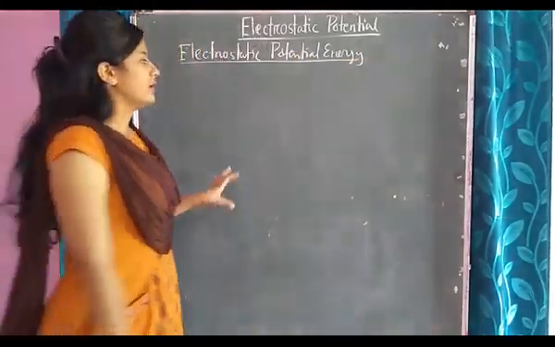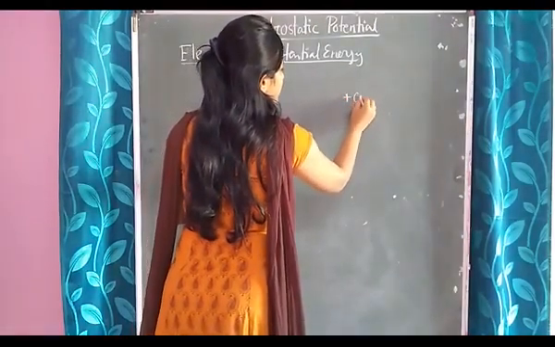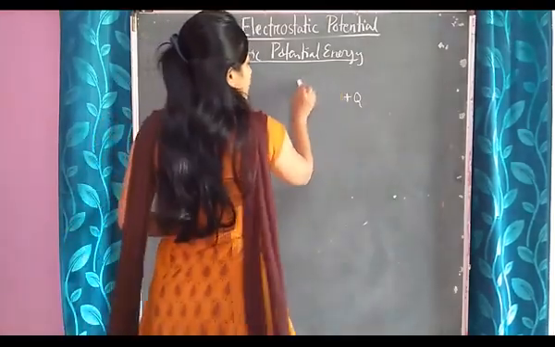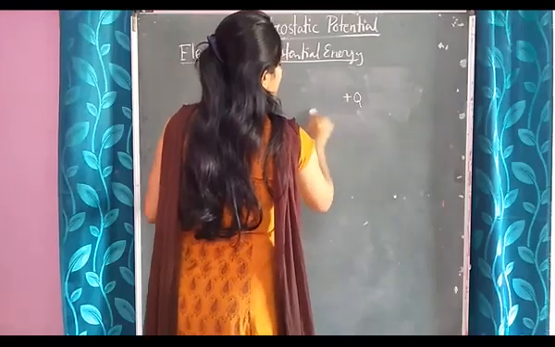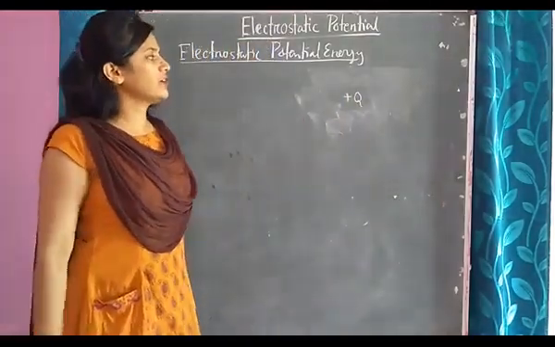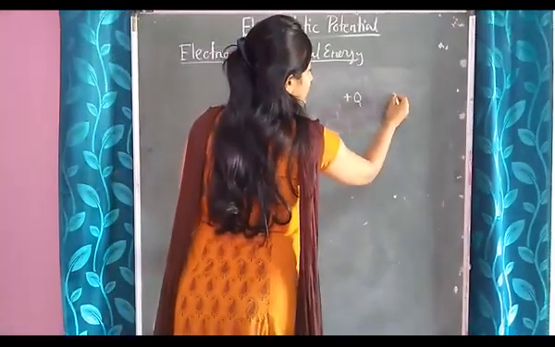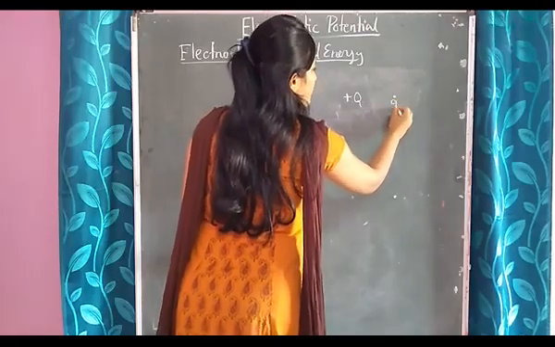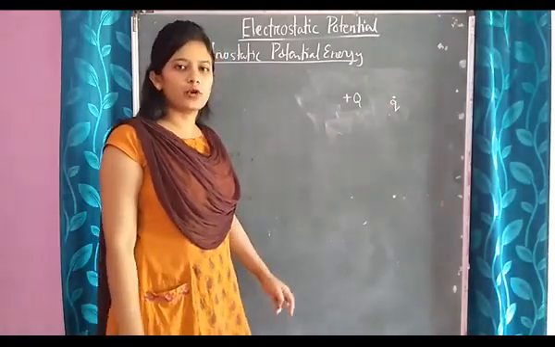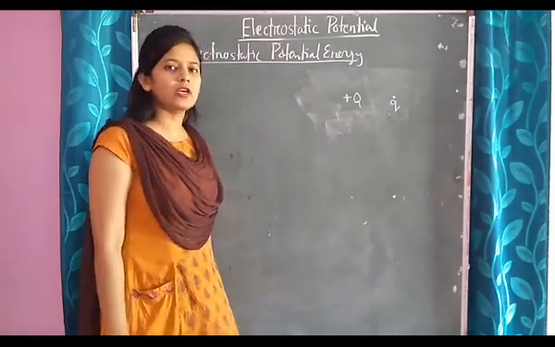Suppose there is a positive charge Q placed here. Due to this charge, we will have an electric field region here. In this electric field region, if a charged particle is placed, then due to its position, it will have some potential energy due to the interaction with the electric field.